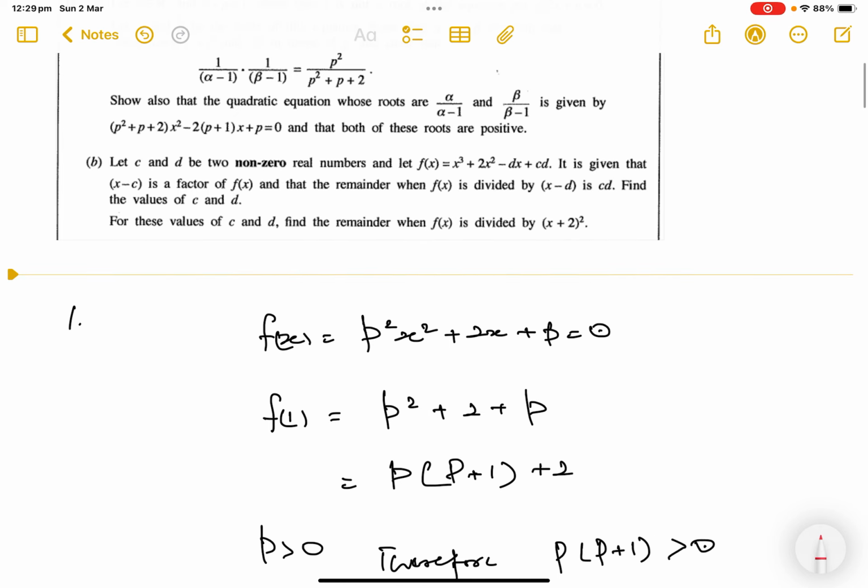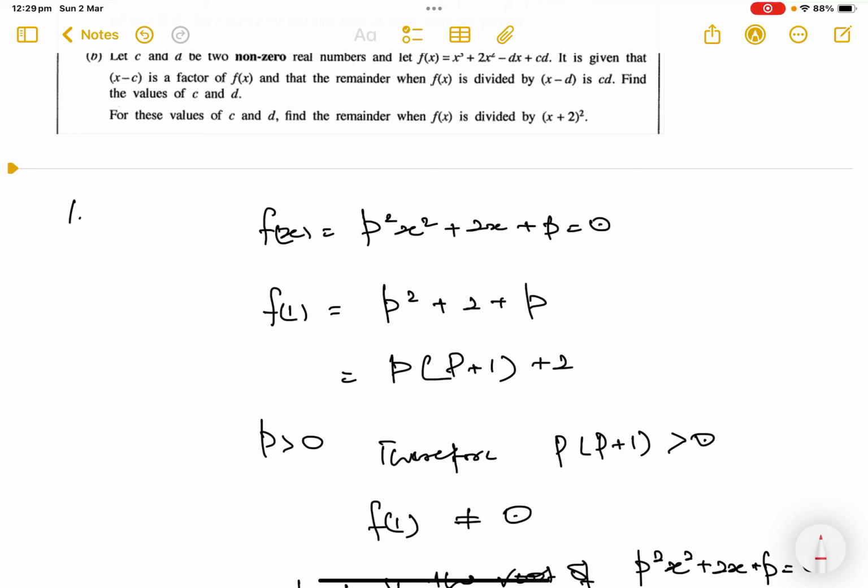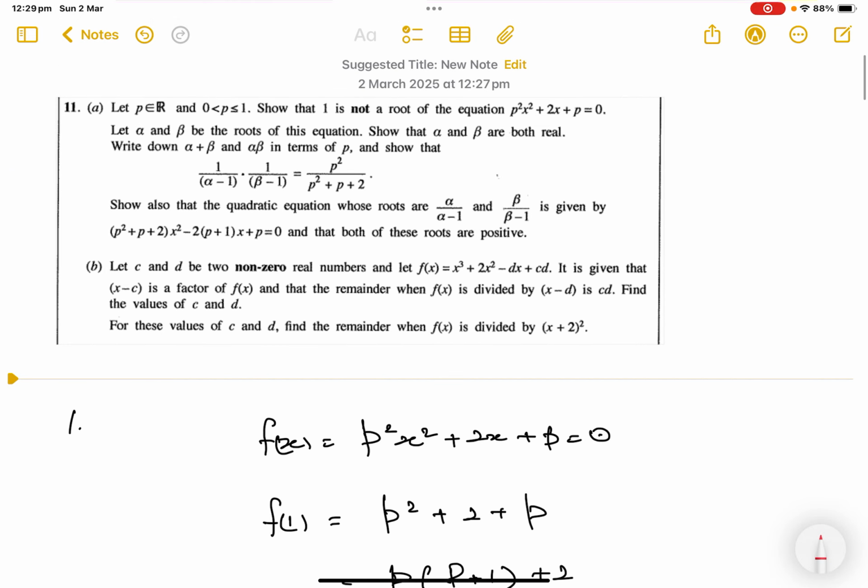I took that function as f of x equal to p squared x squared plus 2x plus p, because I want to use the remainder theorem. We need to prove that 1 isn't a root.